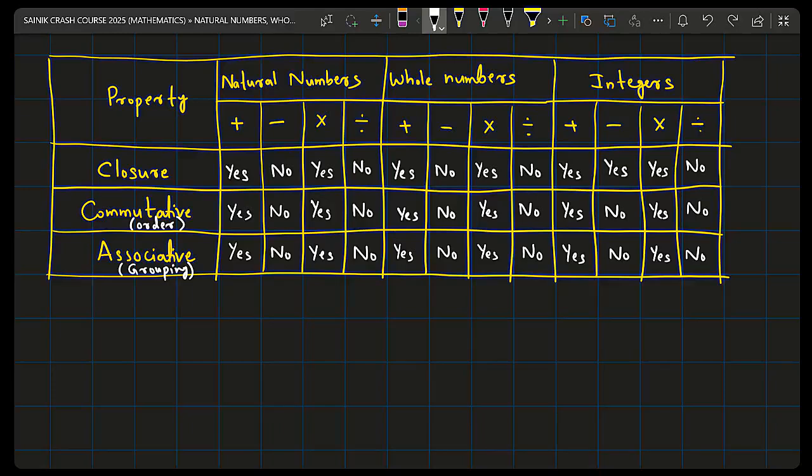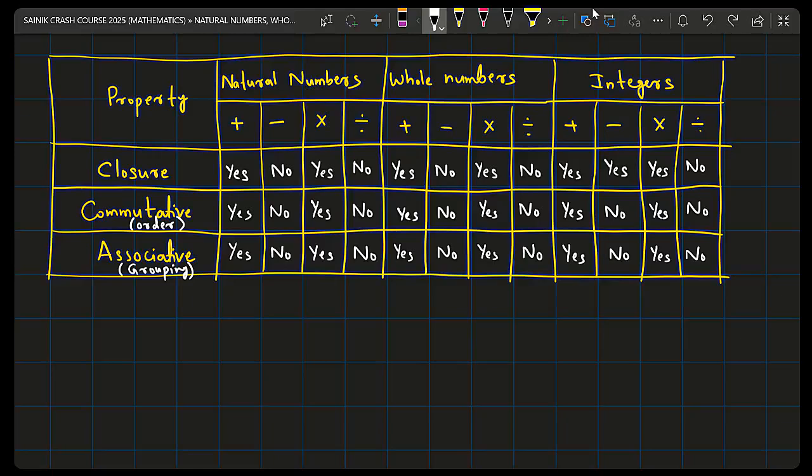Mayuk, do you have any doubts? Yes, sir. I have a doubt. The integers commutative property in division. Come again. Commutative property in division. Okay, let us take any two integers.